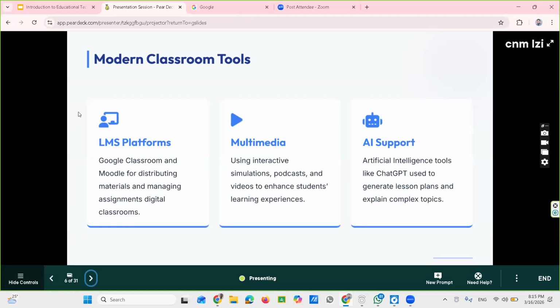The second one is multimedia. As I mentioned earlier, we have to think about how you are going to convert your normal teaching and learning into digital form. Multimedia will help you convert your normal teaching and learning material into digital materials. Some examples you can find here. Your voice you can digitalize by recording. You can use your camera to make a video.